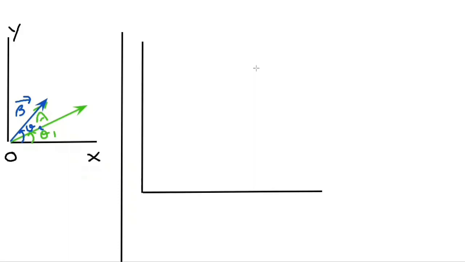So again the two axes with the origin O, one is x-axis, the other one is y-axis. So now let us redraw vector A. This vector A, again of same length as that in the first figure. The two components, one component is along x-axis and the other component is along y-axis.